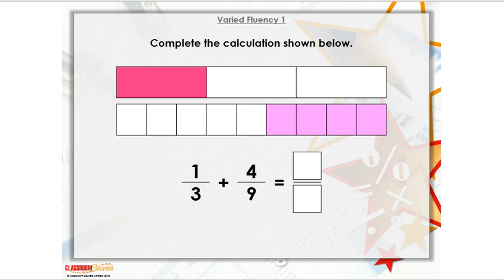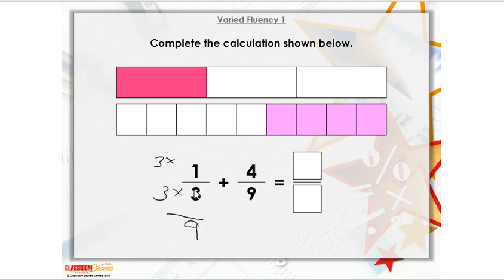So we're going to keep our 4/9 and we're going to turn this fraction into 9ths as well. So what have we done to our 3 to make it into 9? We've multiplied it by 3. 3 times 3 is 9. If we multiplied our 3 to get 9, we must multiply our numerator as well.